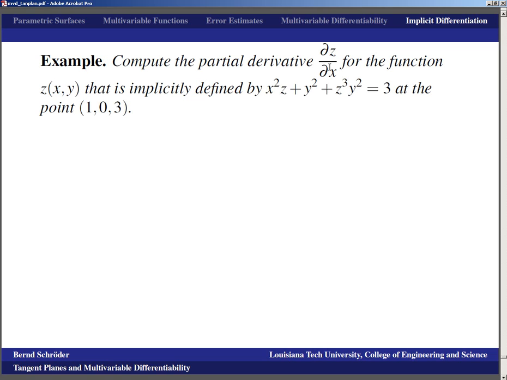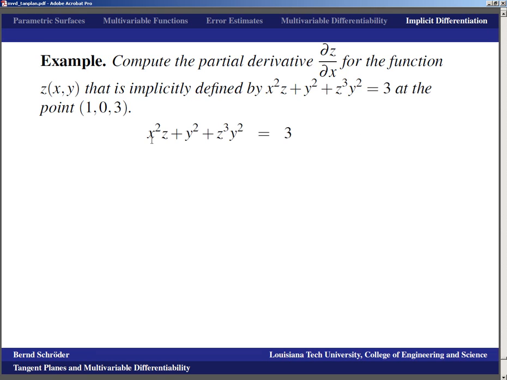If I have a function z that is implicitly defined by x squared z plus y squared plus z cubed y squared equals 3, and I want to find the partial derivative of z with respect to x at the point (1, 0, 3), well, what do I do? Well, first of all, at the point (1, 0, 3), 1 times 3 gives us 3, 0 squared is 0, and anything times 0 is 0 also, so that point is really on that implicitly defined function.